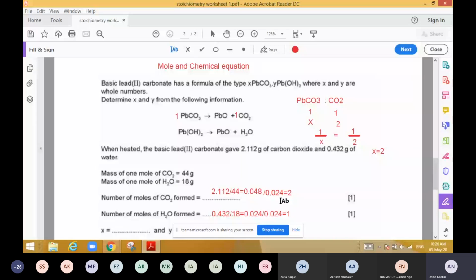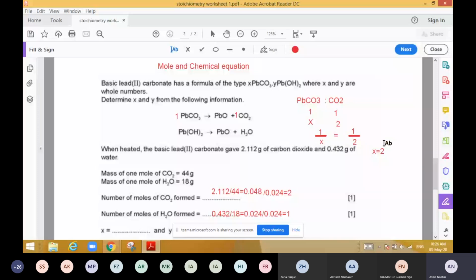In this equation, how many moles did you calculate? 2. So what did I write? X to be found for lead carbonate. The number of moles which you calculated was 2 for carbon dioxide, and because the ratio is 1 to 1, it would be 2 to 2. So X would be 2. Yes, so X will be 2.